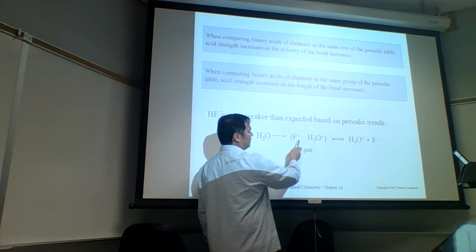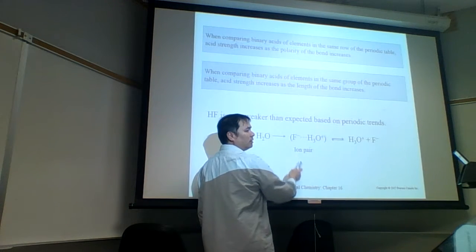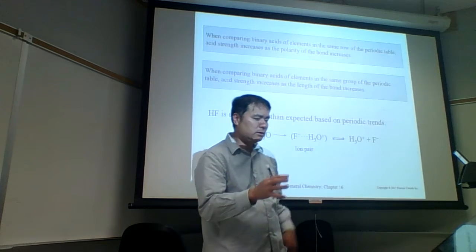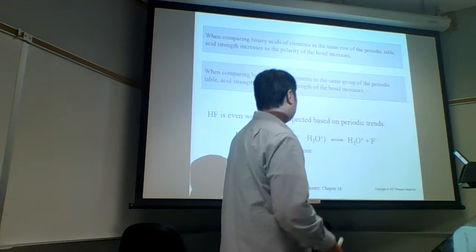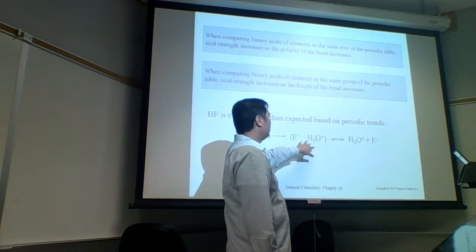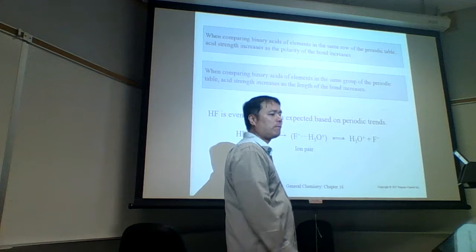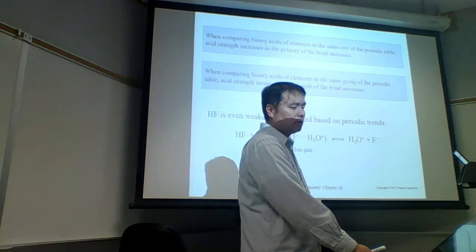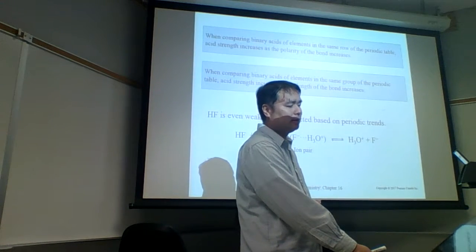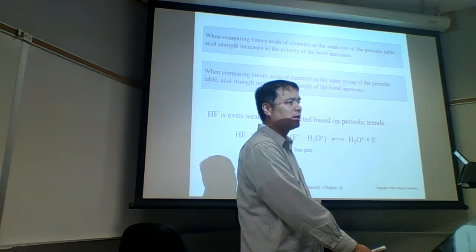The fluoride doesn't completely give up and hangs on. This unit's called an ion pair. An ion pair is not a bond really, it's just that the fluoride hangs on. And if the fluoride hangs on to hydronium, then hydronium can't react with other species. And so this inhibits the acidity of HF because the hydronium is not free to neutralize bases if fluoride's hanging on to it.